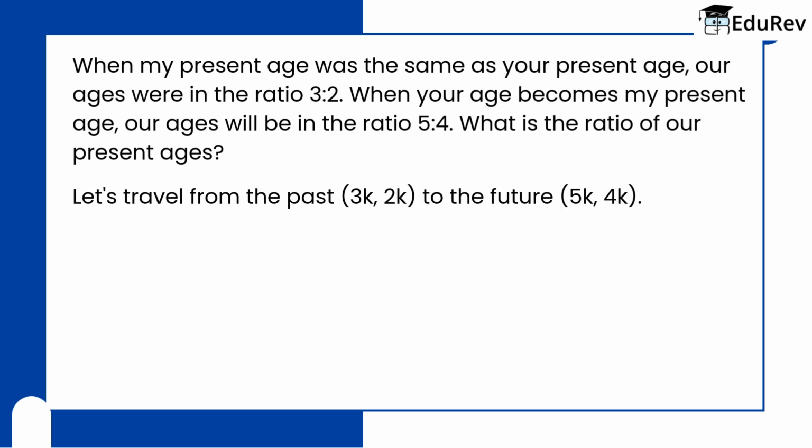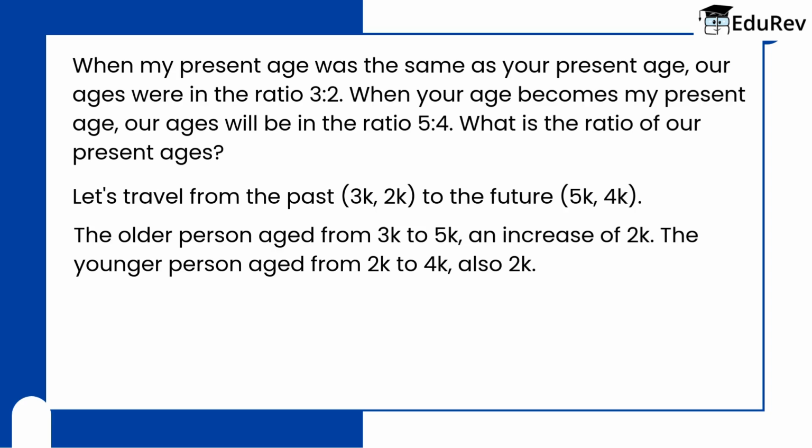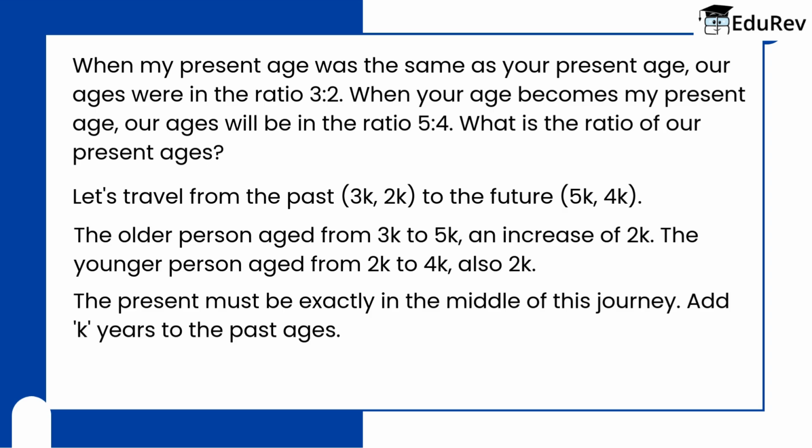Let's travel from the past 3K, 2K to the future 5K, 4K. The older person aged from 3K to 5K, an increase of 2K. The younger person aged from 2K to 4K, also 2K. The present must be exactly in the middle of this journey. Add K years to the past ages.